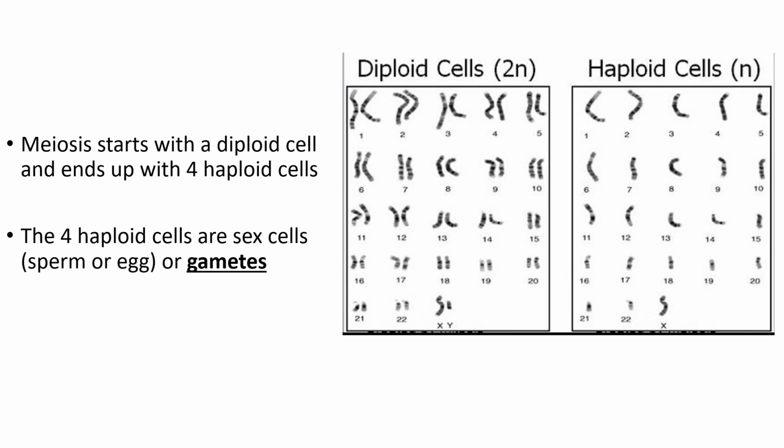Now I want to emphasize, us humans have 23 pairs of chromosomes, or 46 chromosomes in total. Other animals will have different numbers of chromosomes. I can't remember what it is, I think a cow is like 60 chromosomes. A fruit fly is like 10 chromosomes.